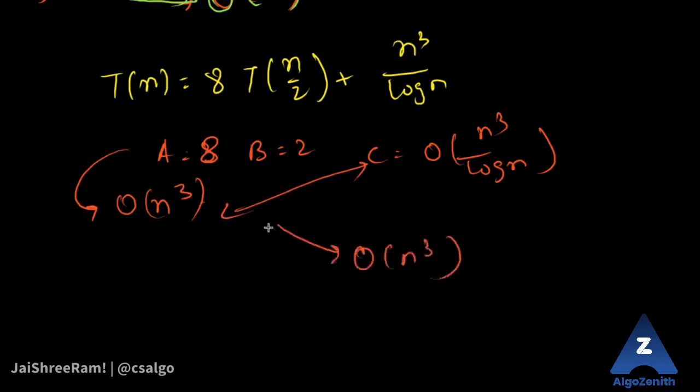But the thing is, the recursive idea of Master theorem doesn't work on these logarithmic terms. So whenever you have a logarithmic term, just ignore that. Either you can say that Master theorem doesn't apply, so we cannot calculate, or if you really have to calculate, just ignore this log n part for some time and see that n cube and n cube are the same, so you just report order n cube log n.